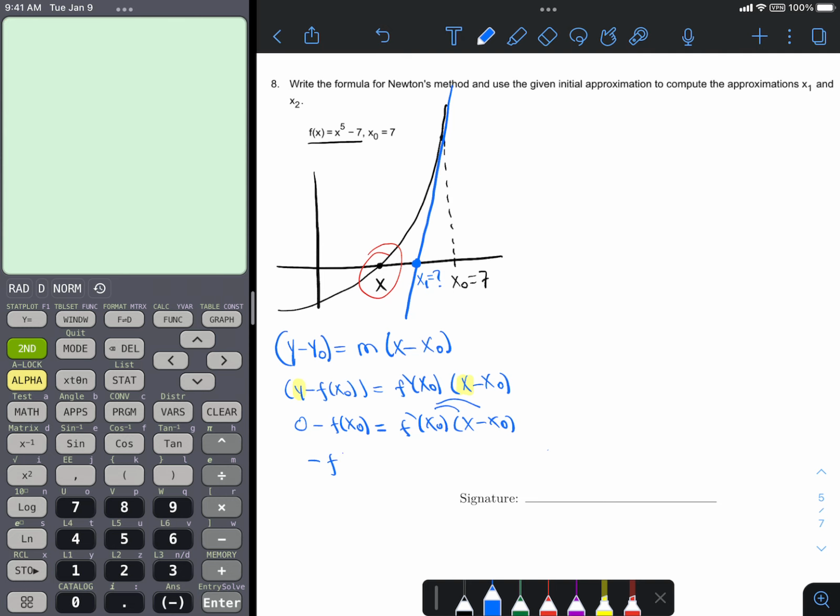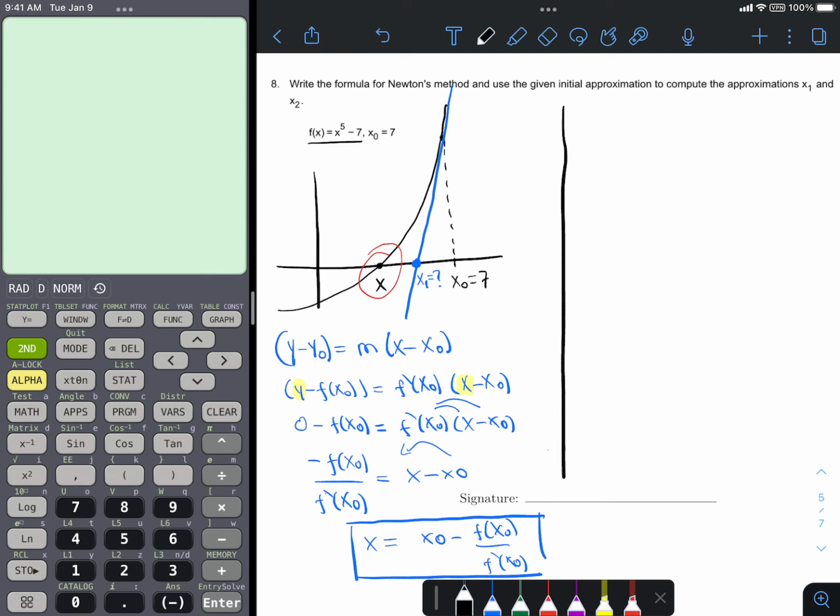And I would have gotten minus f of x0 over f prime of x0 equals x minus x0, and then x is x0 minus f of x0 over f prime of x0. So this is the longer way to do this. But you don't have to do that ever if you just remember this formula for Newton's method. So that is your other alternative.